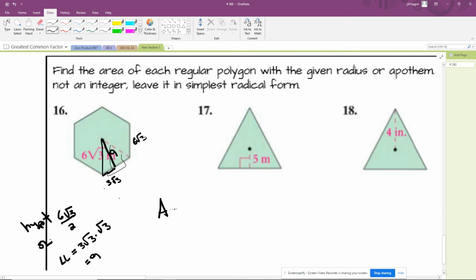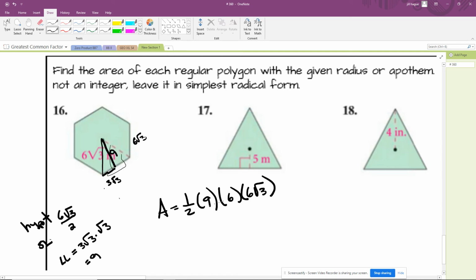So my equation, 1/2 of the apothem times the perimeter, which there's 6 sides, at a length of 6 radical 3. Since they said simple radical form is fine, we're going to take 6 times 9 times 1/2, and we're just going to leave the radical 3.